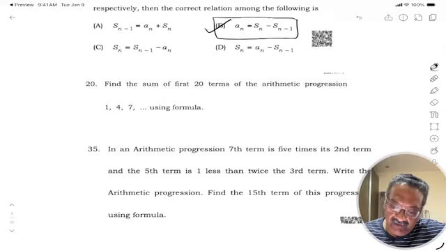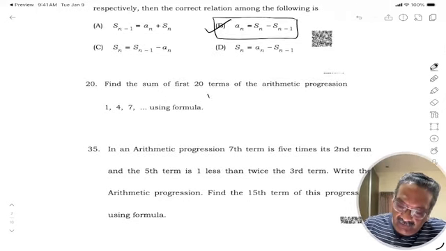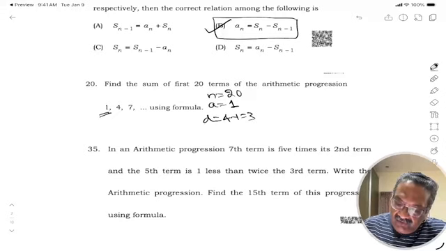Now, find the sum of the first 20 terms. We have n is equal to 20, a is 1 and the common difference is 4 minus 1, which is equal to 3. Sn is equal to n by 2 into 2a plus n minus 1 d.